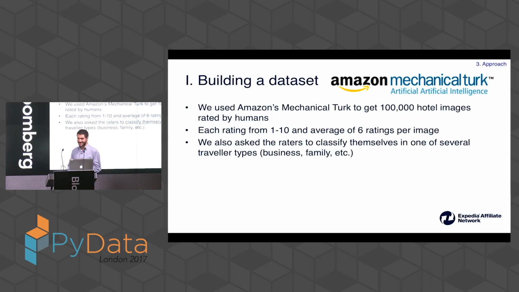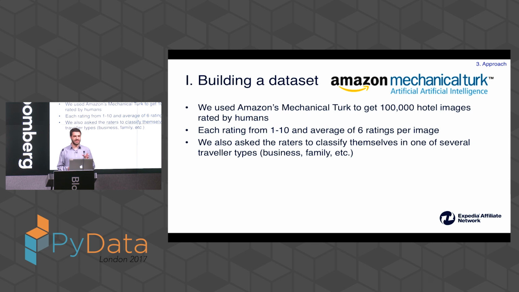In terms of data set, we actually use the Amazon Mechanical Turk. How many of you are familiar with the Mechanical Turk? That's decent. Essentially, it's a crowdsourcing product by Amazon that allows human workers to do repetitive tasks for you. So what we got from them was ratings from 1 to 10 for each of the 100,000 images.